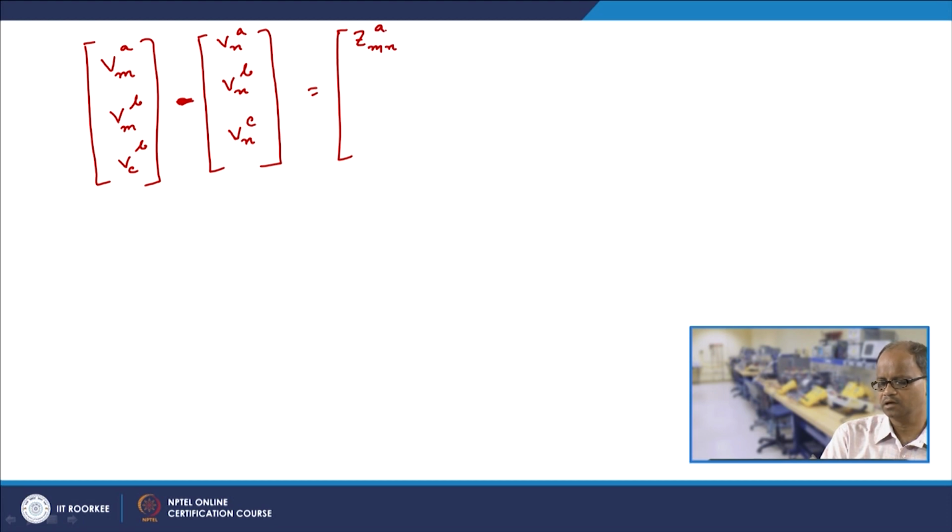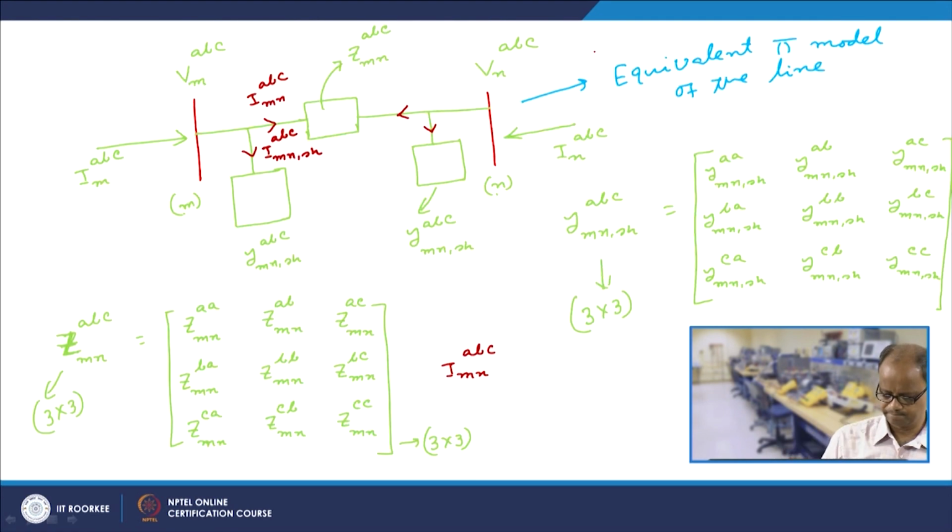So, that is equal to essentially the matrix Zmn AA, Zmn AB, Zmn AC, then Zmn BA, Zmn BB, Zmn BC. That is the convention we have taken, yes.